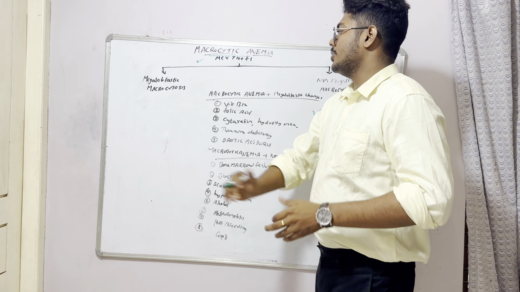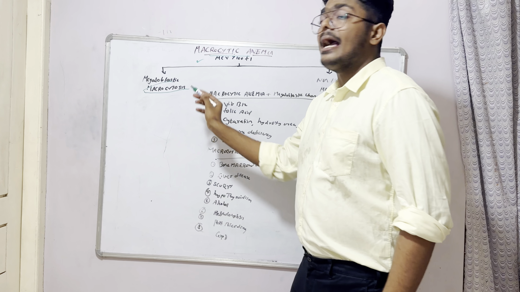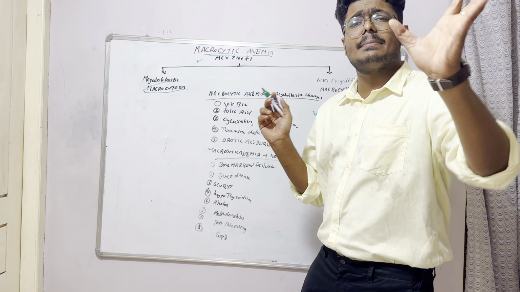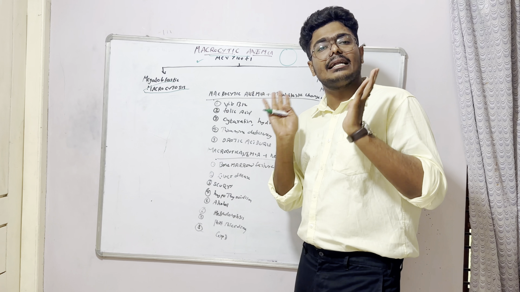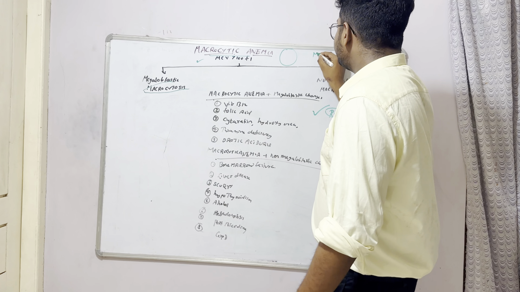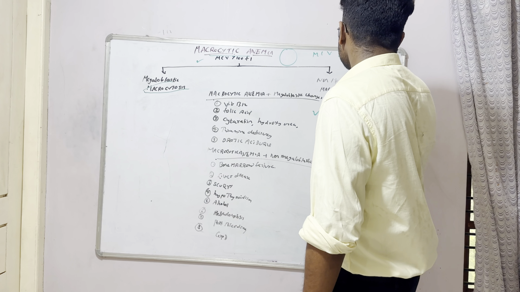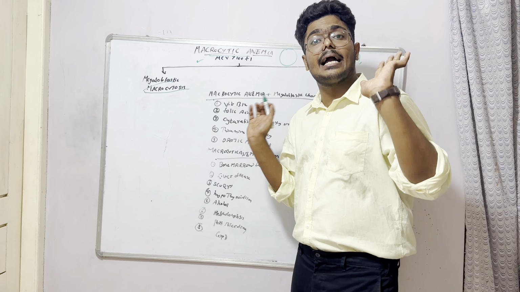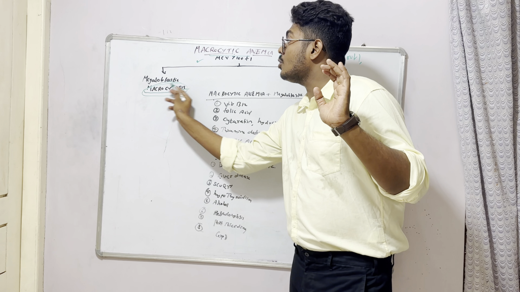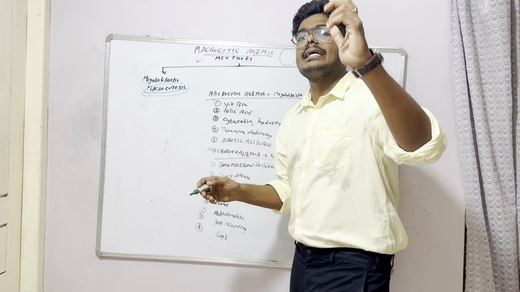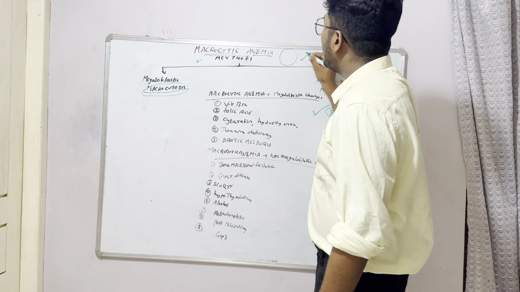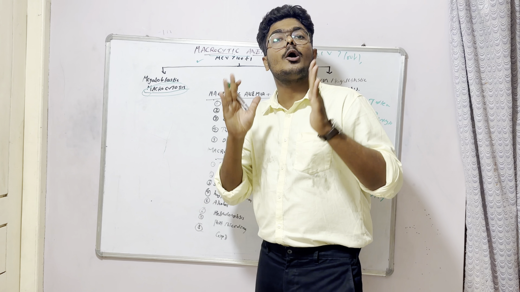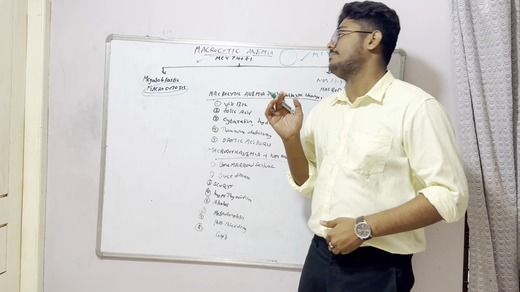Macrocyte means a big RBC, where the RBC size is increased, that is, MCV is greater than 100 femtoliter. That is the case of macrocytosis, but it doesn't mean it is megaloblastic macrocytosis. Macrocytes can occur in a large number of cases, but it is not always megaloblastic in nature.